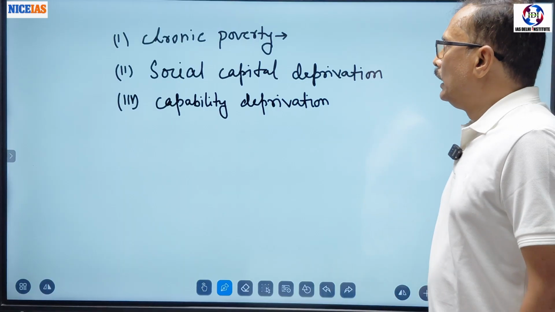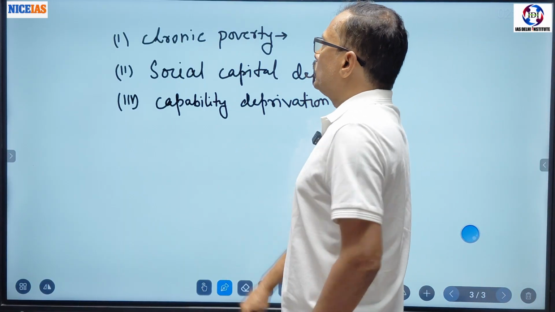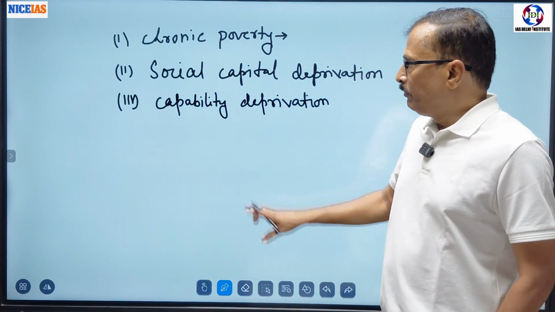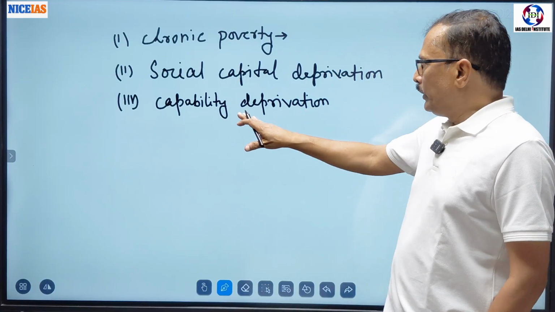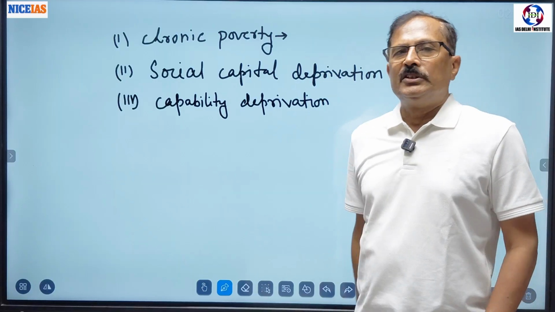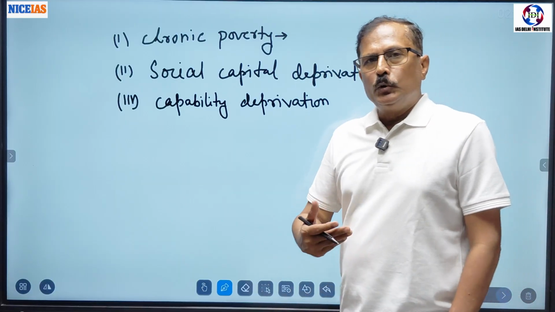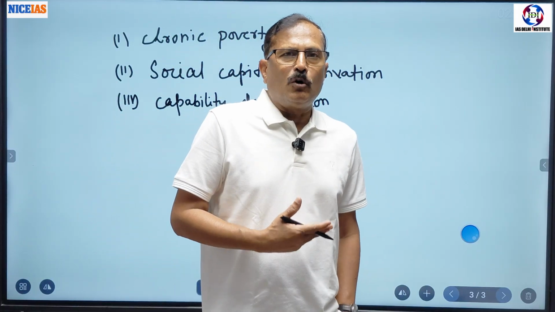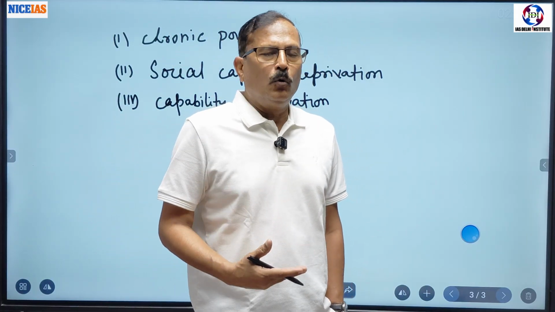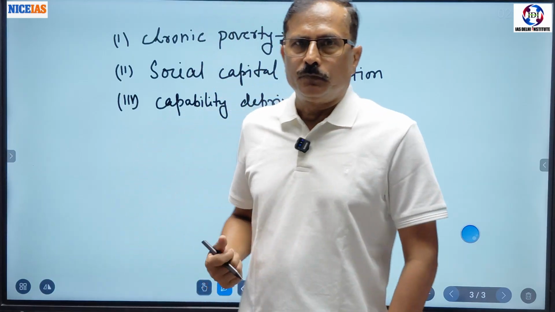I will explain first chronic poverty, but before explaining social capital deprivation and capability deprivation approach, I would like to introduce you to how the concept of poverty has evolved over time.